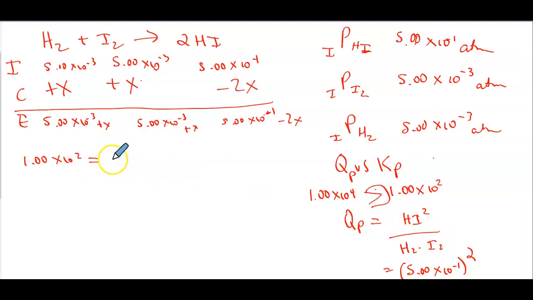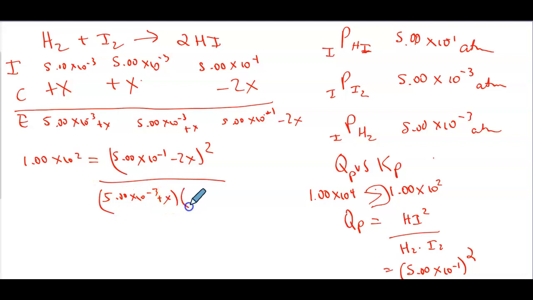So it's going to be 5.00 times 10 to the negative 1 minus 2x, and I got to square that, over 5.00 times 10 to the negative third plus x for the H2 part, and 5.00 times 10 to the negative third plus x for the I2 part.